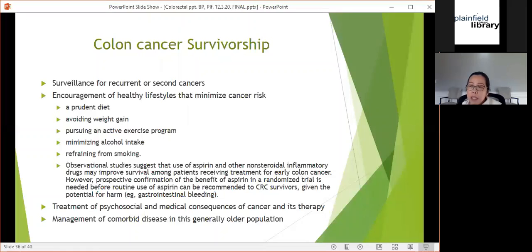Survivorship also includes treatment of psychosocial and medical consequences of cancer and its therapy, and management of comorbid disease in this generally older population. Next, please.